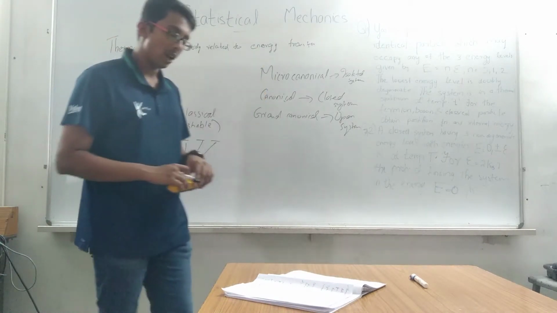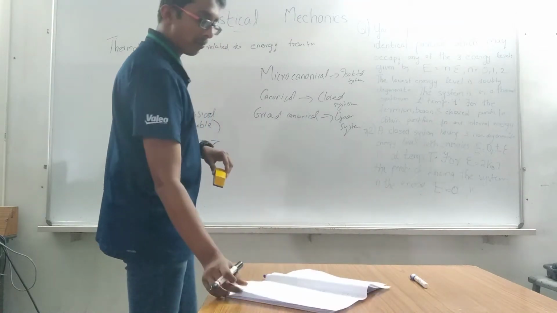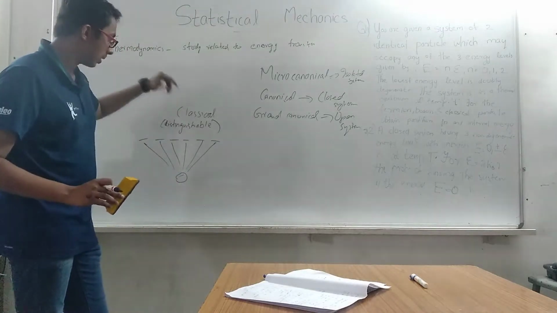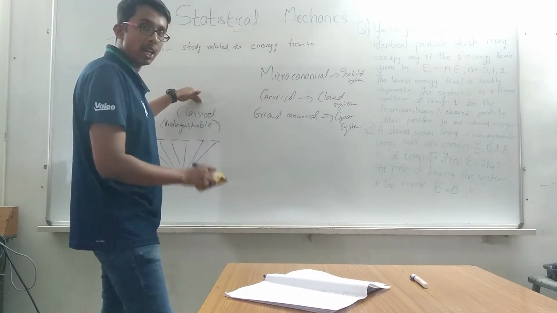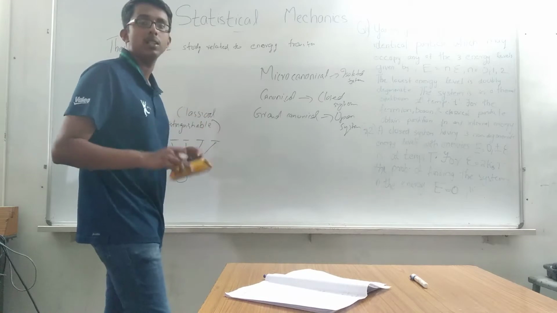So we have seen what statistical mechanics is. Now comes quantum statistical mechanics. In classical statistical mechanics, the particles are distinguishable, and they have a chance of occupying more than one state.